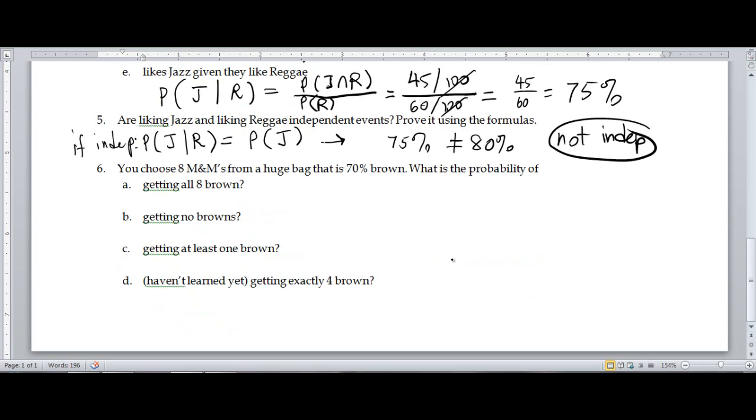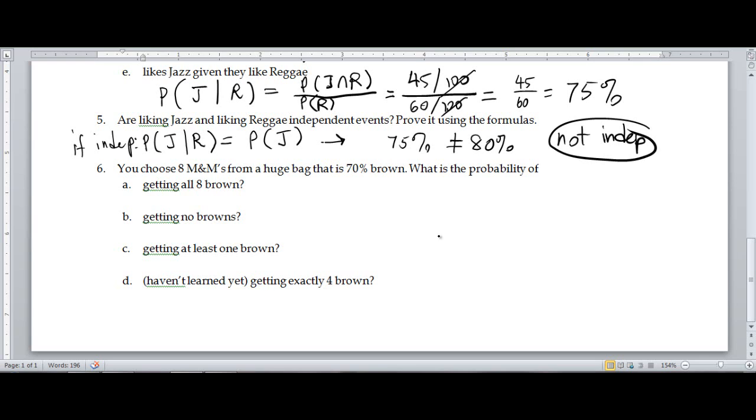You choose 8 M&Ms from a huge bag that is 70% brown. What is the probability of getting all 8 brown? Alright, so the first question you have to ask yourself is, when I choose these M&Ms, am I putting them back or not? So, am I choosing with replacement or without replacement? Because that'll change my answer, right?